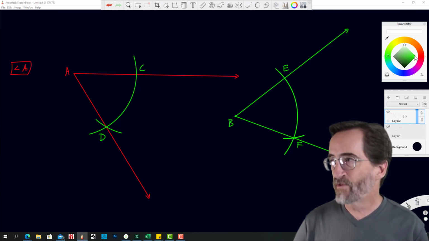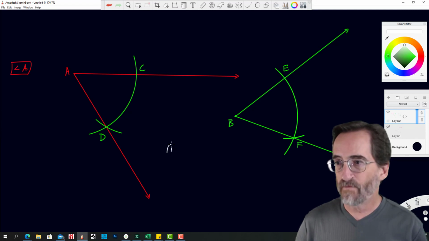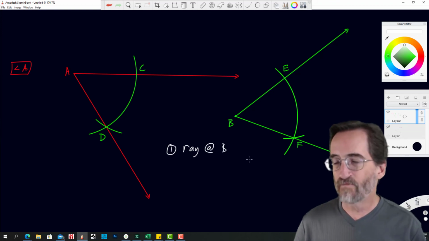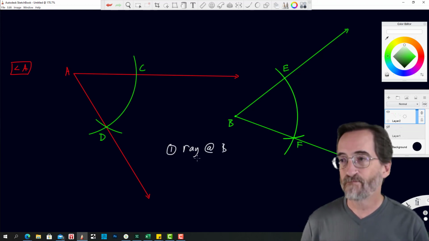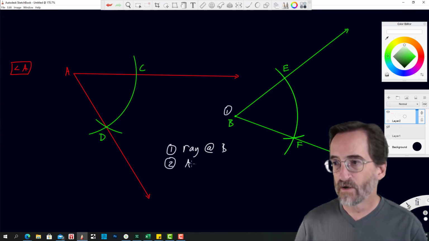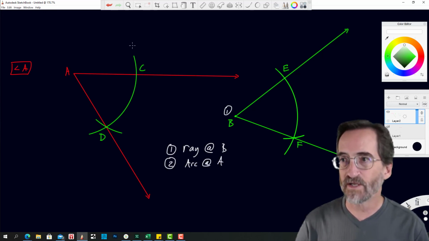So let me write out the steps again. Step 1, we drew a ray at B, and B is not on angle A. Step 2, we drew an arc at A that crosses both sides of the angle.